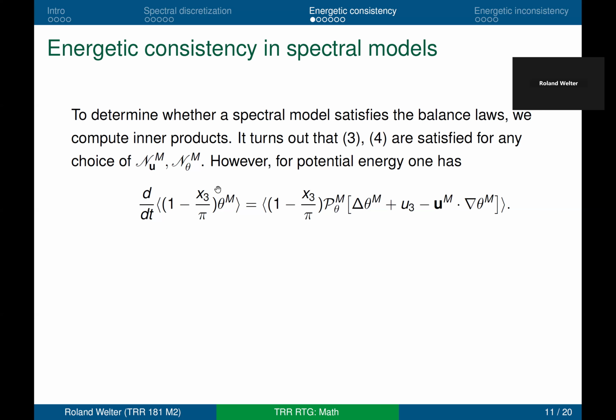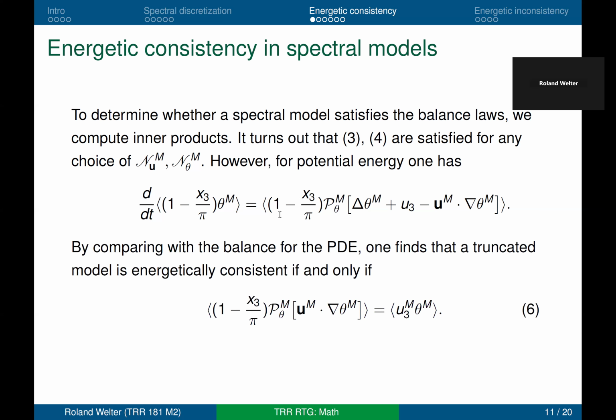If you take the inner product that's needed for the potential energy balance, you get this. And by comparing with the terms that you see in the balance for the PDE, you find that the truncated model is energetically consistent if and only if this inner product of the linear profile with the projected nonlinear term is equal to this right-hand side.